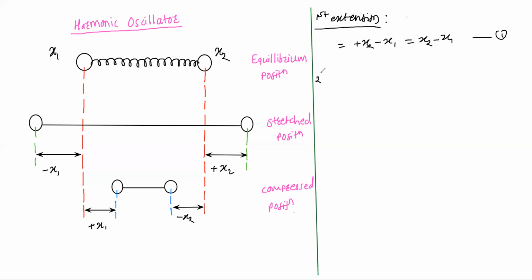Also write down the second extension. Similarly, we have to write down the second extension. The first extension is for the stretch position, and the second extension is for the compressed position.